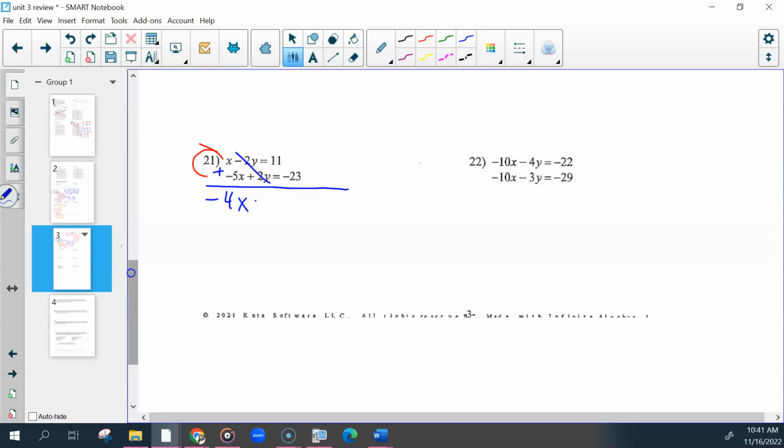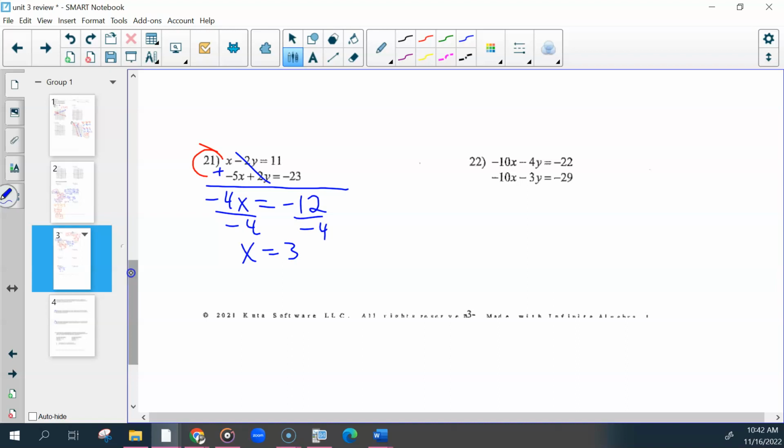Our y's cancel. 11 plus a -23 is just 11 minus 23. And then we can solve for x. And then we can go back and solve for y.